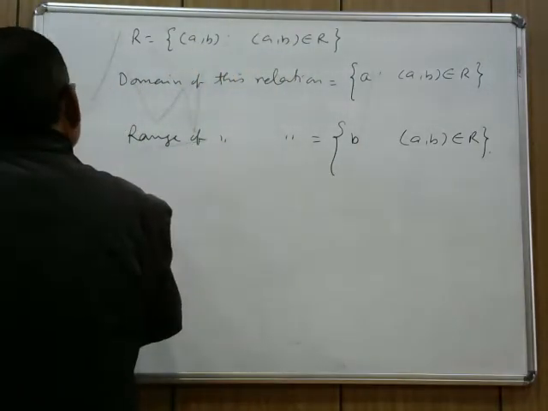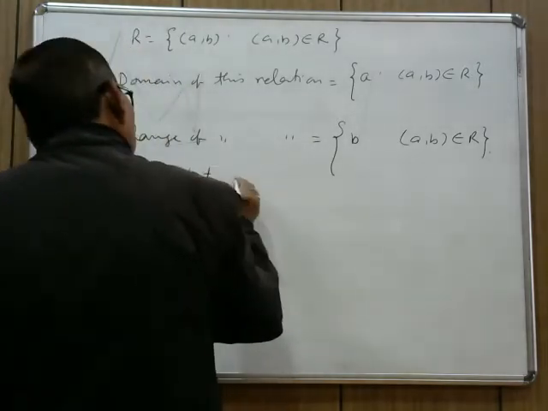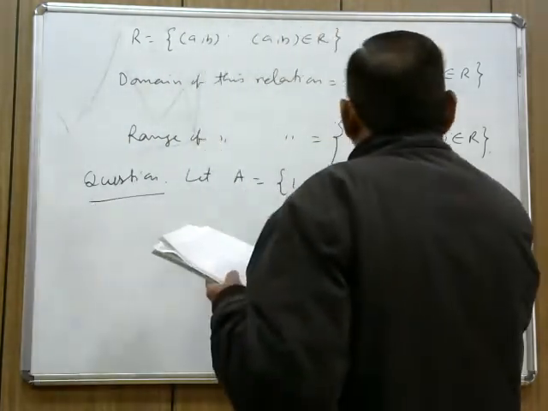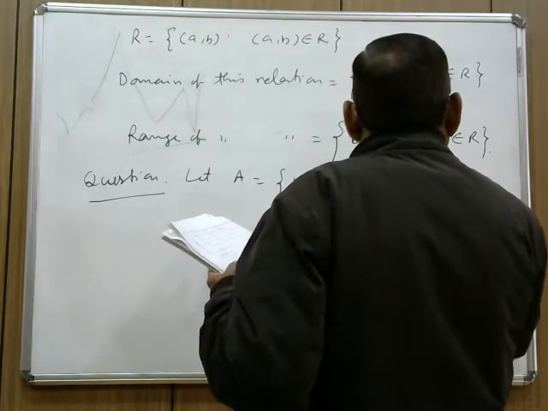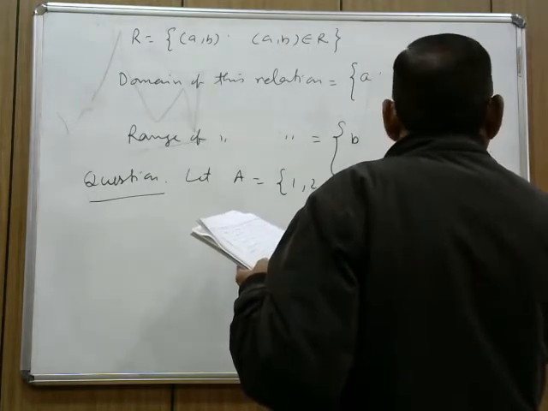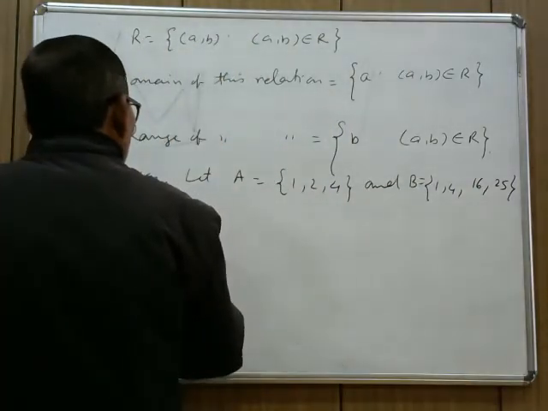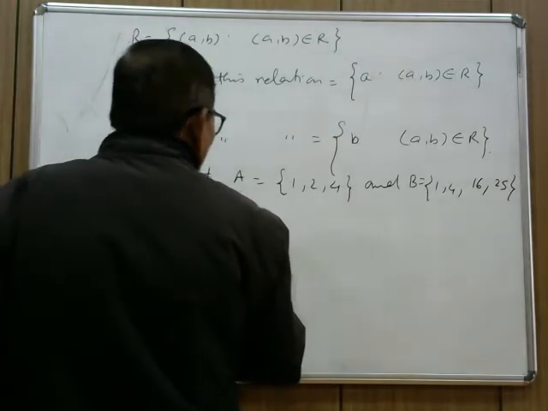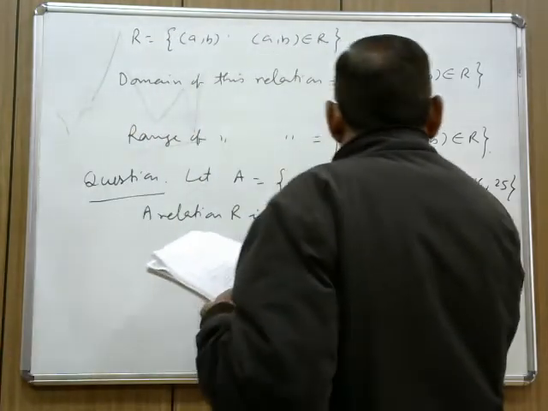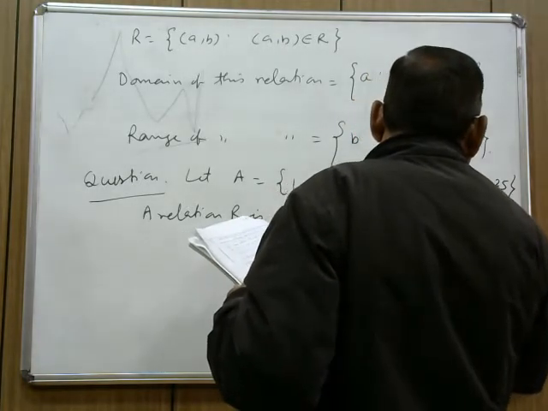I am taking a question. Let set A equal {1, 2, 4} and B equal {1, 4, 16, 25}. A relation R is defined as R equals the ordered pairs (A, B) such that B equals A square.